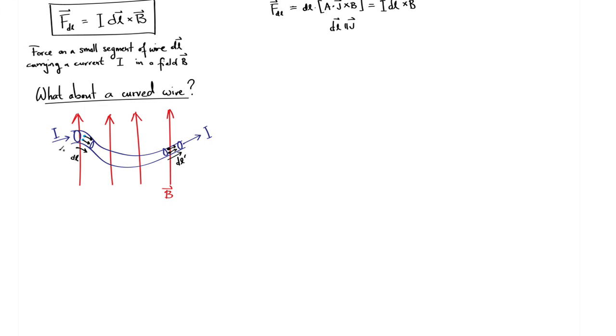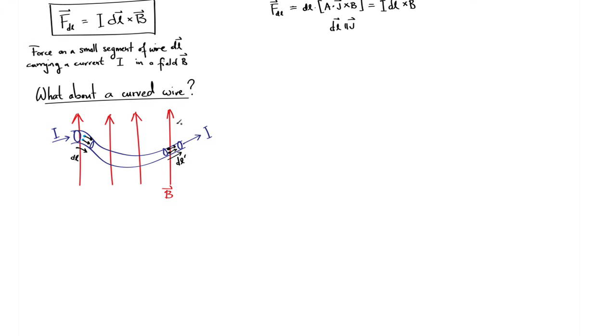And so this expression here works for every single point on here. You just have to keep in mind, if you're evaluating this at different points on the wire, that dl, this direction, is going to be changing if the wire is curved, right? And another thing is that B, the magnetic field, might be different at different points of this wire.